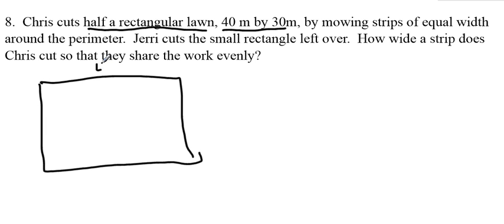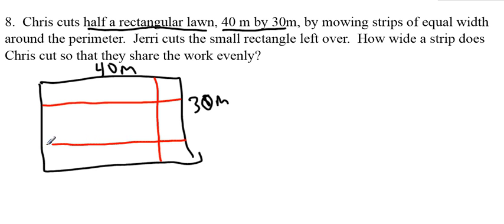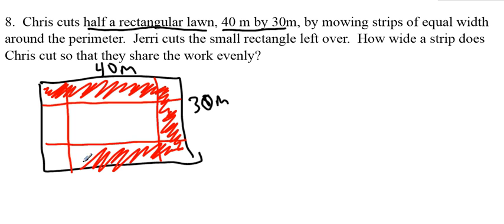So we start with a rectangle that we know is 40 meters by 30 meters and that represents someone's lawn. So Chris is going to cut a strip around the perimeter. So I'm just going to try to imagine that. Now if I shade all this in, this is going to represent what Chris is going to do. So Chris is going to cut a strip along this side and then this side and then this side.